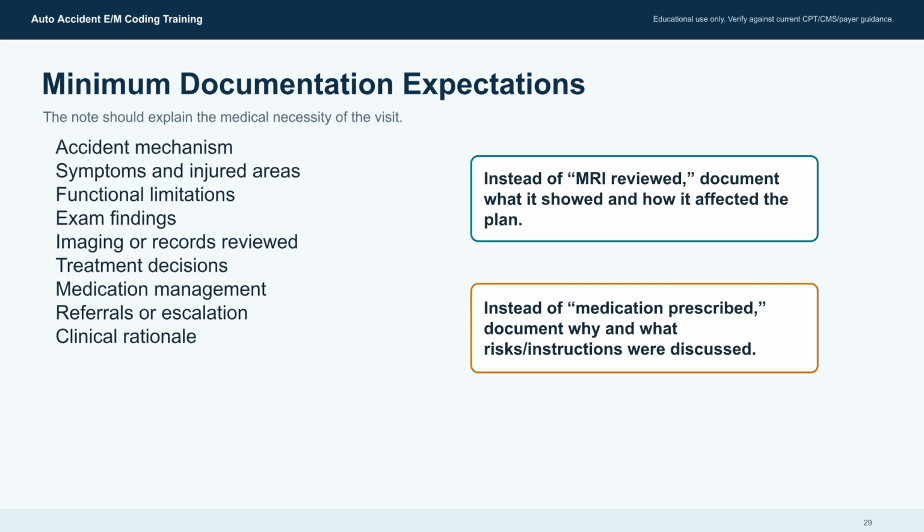For moderate and high-level visits, vague documentation is not enough. Instead of only writing MRI reviewed, document what the MRI showed and how it affected the plan. Instead of only writing medication prescribed, document why the medication was needed and any relevant instructions or risks discussed.